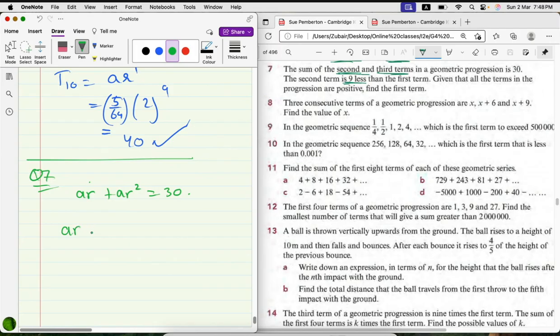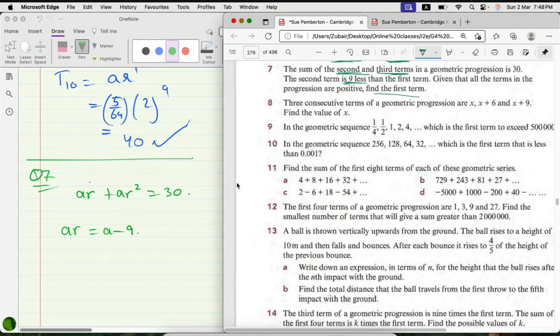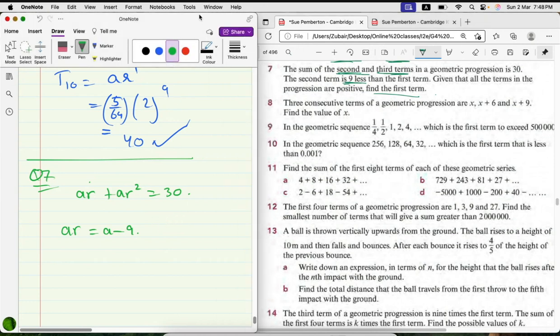Given that all the terms in the progression are positive, find the first term. So second plus third is 30 and second is 9 less than the first term.